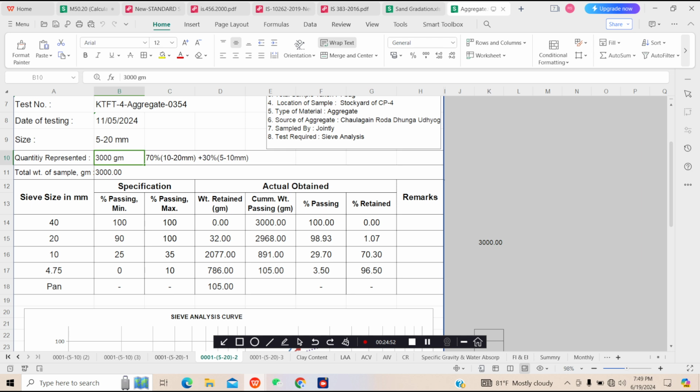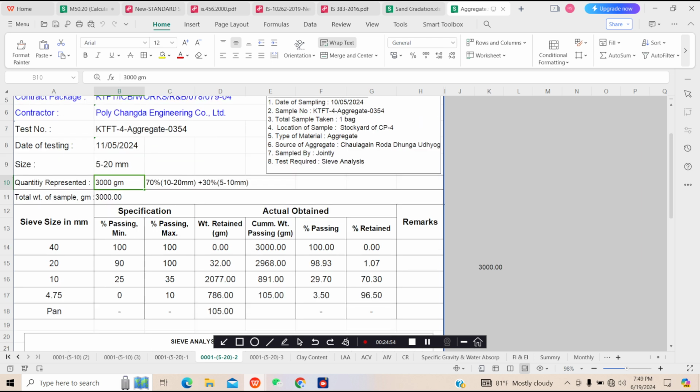Here we can see the sieve analysis test result of the aggregate. Initially we have used 60% of 20 down aggregate and 40% of 10 down aggregate.